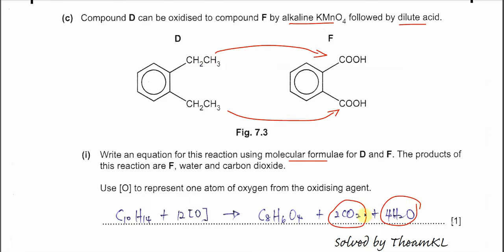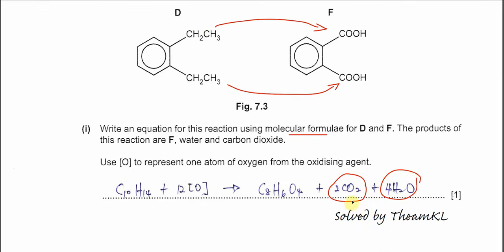After that, you just balance the carbon number, because from the 10 carbons now it forms this 8-carbon compound, so it will release 2 carbons, and this carbon being oxidized forms the carbon dioxide, and of course the hydrogen also will form H2O. Then you just balance accordingly. At the end, you get 12 oxygens needed here.